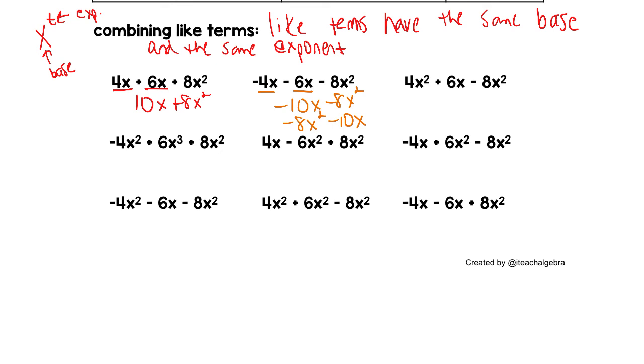So we have 2x squared becomes negative 4x squared plus 6x. Here we have 1x cubed, 6x cubed, and then 2x squared. So that becomes plus 4x squared. I love standard form.